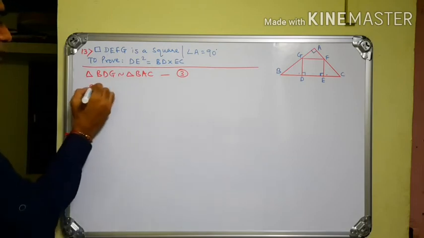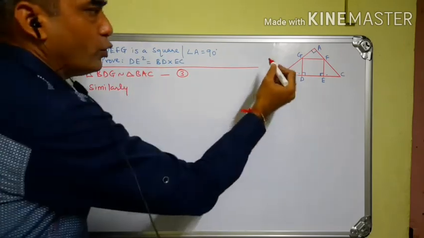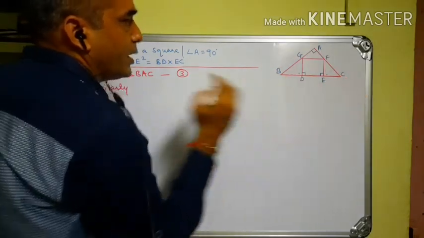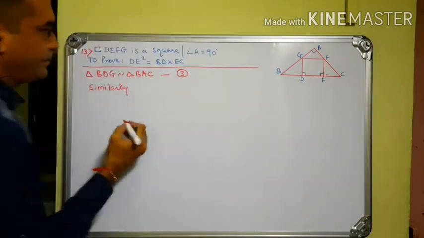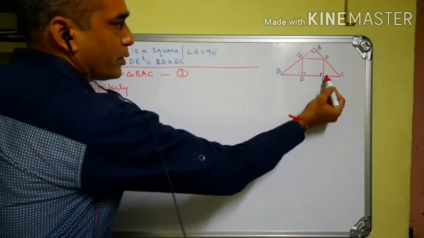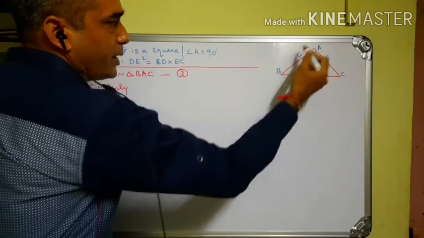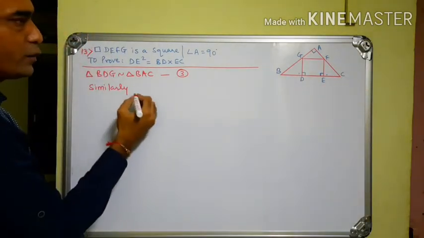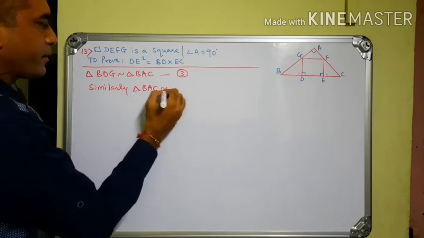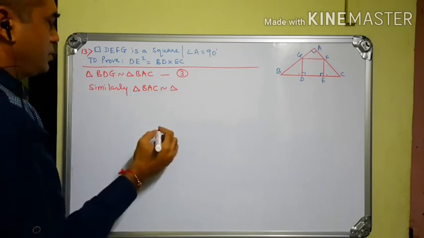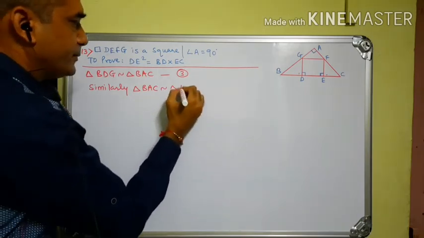Now similarly we can prove that triangle BAC is similar to triangle FEC, because here also there is one right angle and angle C will be the common angle between the two triangles. Therefore similarly triangle BAC is similar to triangle FEC.